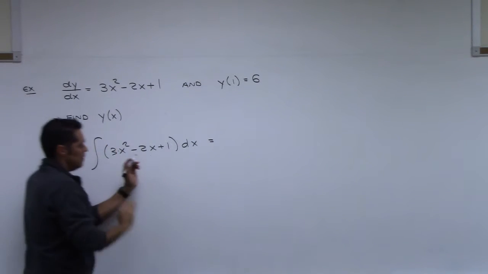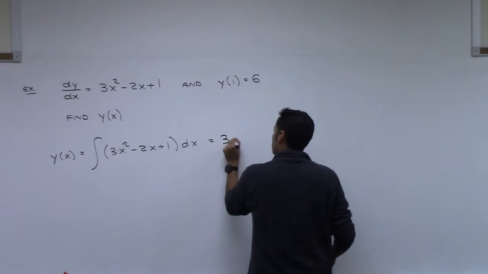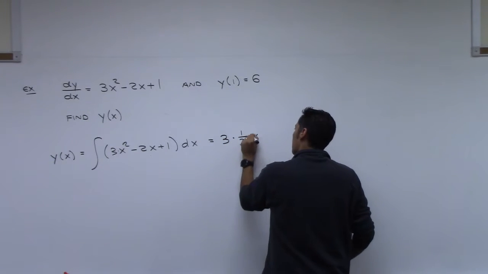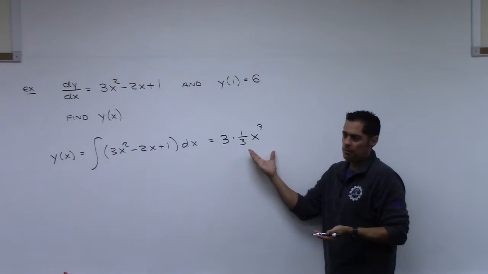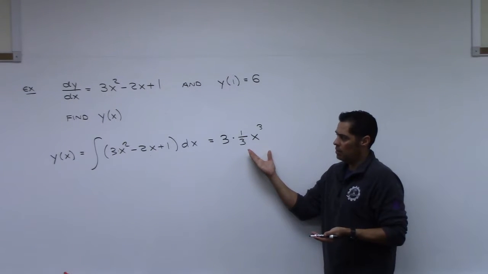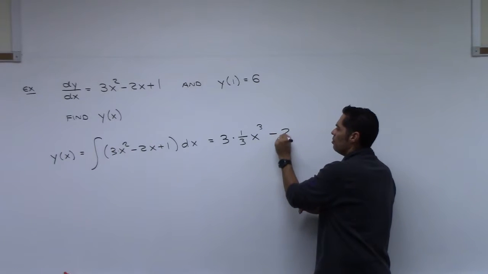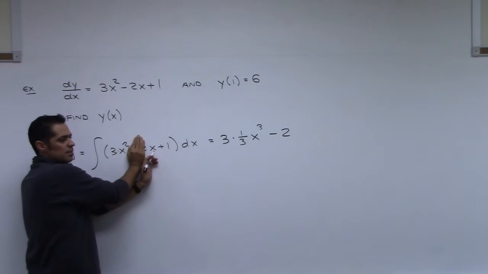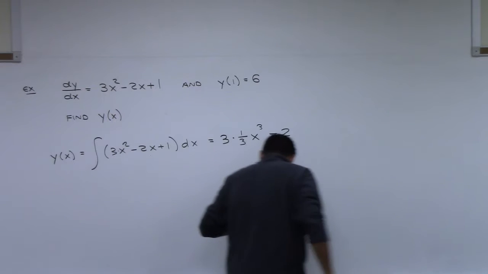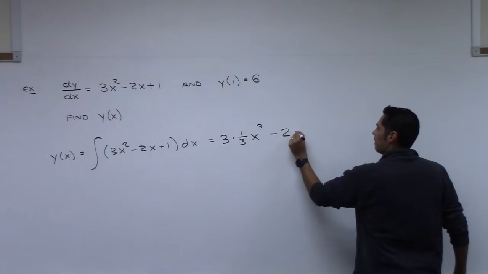But I have a 3 in front of it. So it's really 3 times 1/3 x cubed, and then the 3's are going to cancel, and you're just going to get x cubed. Is that all right? Then I have minus 2, and now I take the antiderivative of x, which is 1/2 x squared. Okay, guess you're coming with me.